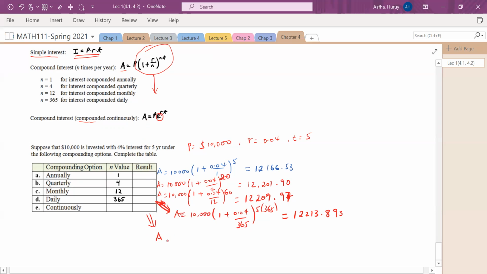The formula that we're going to use is P, which is 10,000, times e to the power of R times T, where R is 0.04 and T is 5. And that becomes this value.